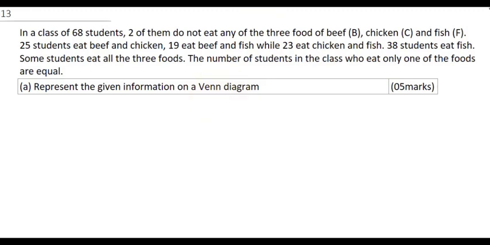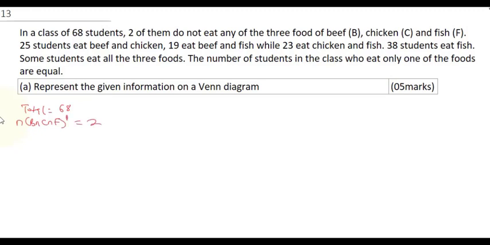In order to solve this question, the first thing you need to know is the total number of students. It's 68. Then it says 2 of them do not eat any of the 3 foods. So the region outside beef, chicken, and fish is 2.